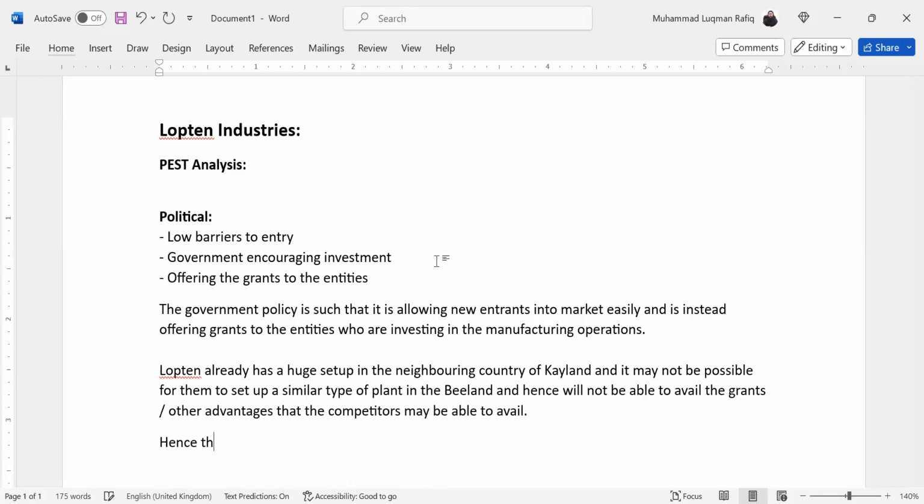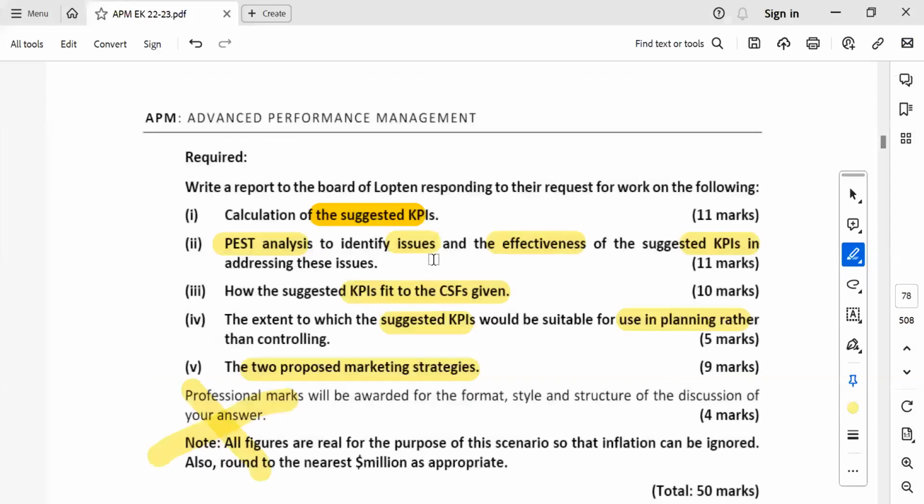Hence, this is going to lead to a reduction in the profit slash market share. The KPIs of, what are the KPIs? I would just go on to the Excel sheet.